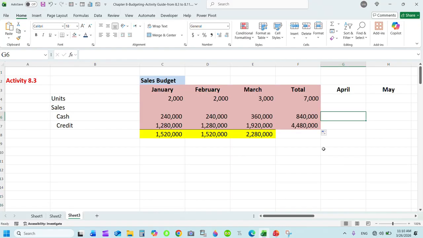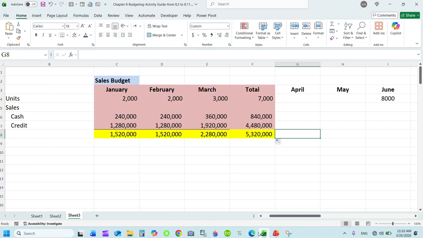According to my advice, sales budget is all this. But if you want, you can put that information as well in your activity.